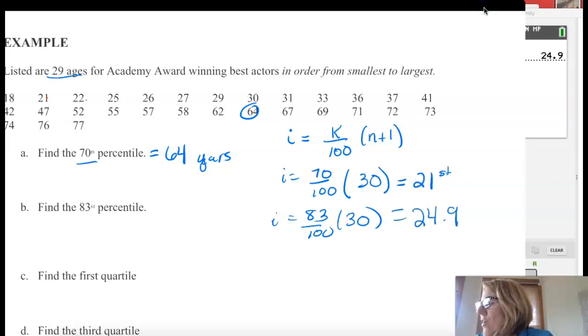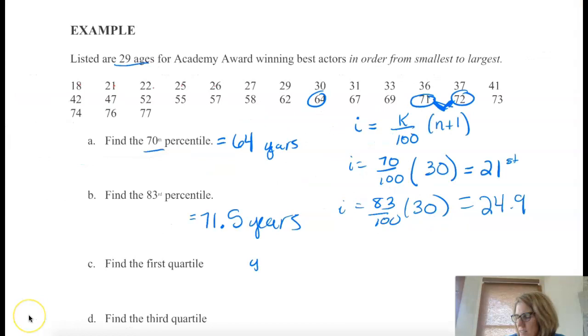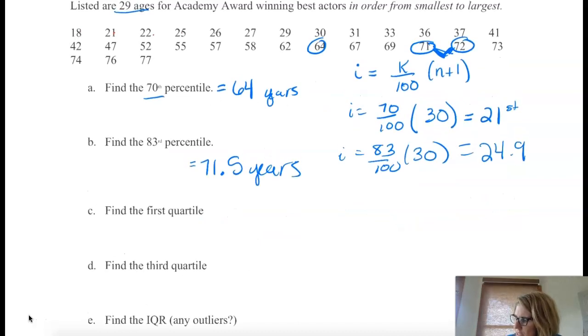So when it falls in between those two, that's in between the 24th and 25th position, right? 24.9. So this is 21, 22, 23, 24. So this is the 24th and this is the 25th. So what we're going to do is just average those. What's halfway between 71 and 72? That's right, 71.5 years.